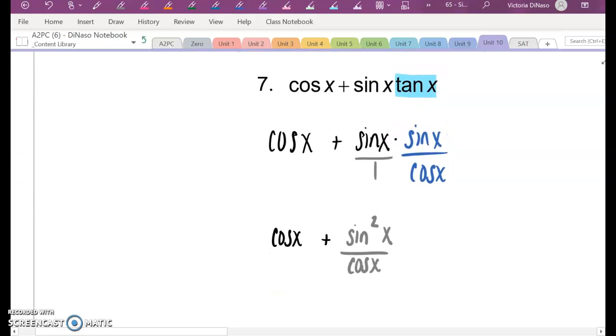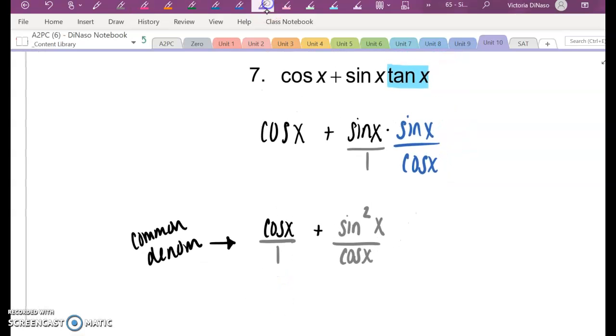The next thing that we're going to do is combine our two fractions into one fraction. In order to combine fractions, you need a common denominator. In order to get a common denominator, I'm going to have to put cosine over 1 so that it is an actual fraction. If the right side has a denominator of cosine, the other side needs a denominator of cosine also.